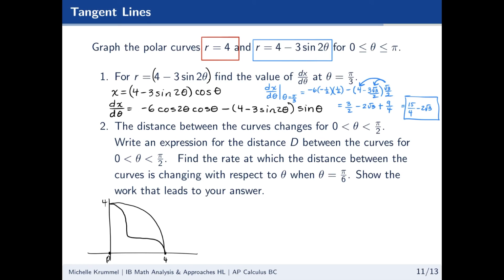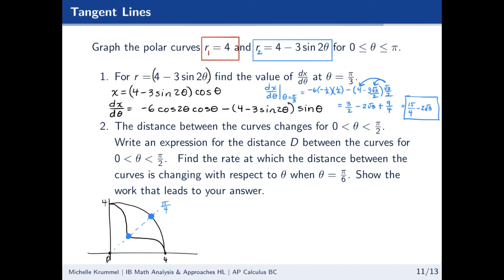And we're asked to write an expression for the distance between the two curves. So let's just say, for example, theta equals pi over 4. When theta equals pi over 4, we're at this point on the outer curve. So let's name these two curves. We'll call the circle r sub 1, and we'll call this other polar curve r sub 2. So when theta equals pi over 4, here's our point on r2, and here's our point on r1.